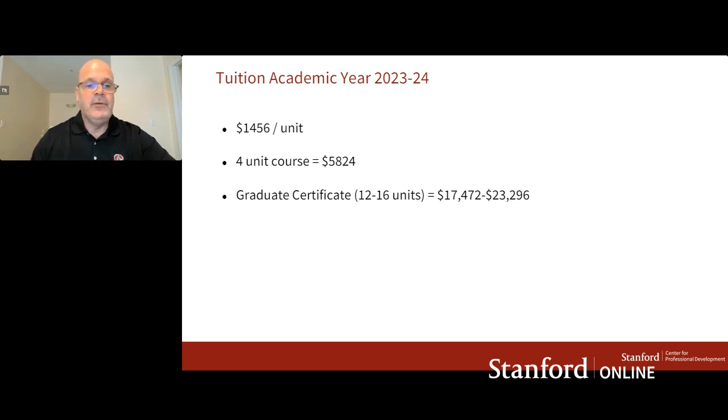So a typical 4-unit course will cost $5,824. Graduate certificate, again, depending on which one you choose and depending on which courses you take, typically can be completed in as low as 12 units to 16 units or more. And the typical cost is, as you can see there, $70,000 to $23,000, depending on which graduate certificate you take and which courses you take.